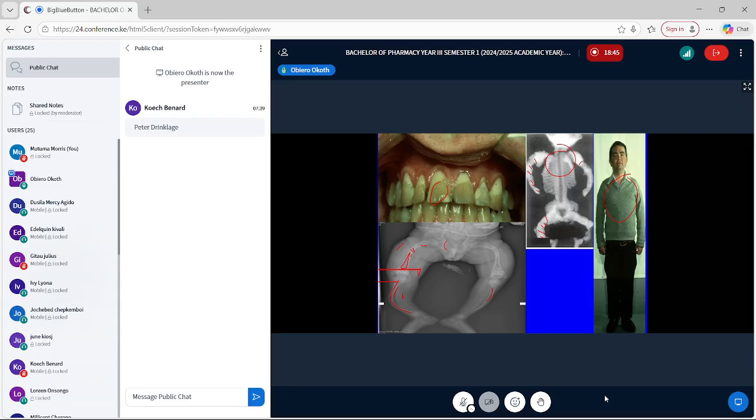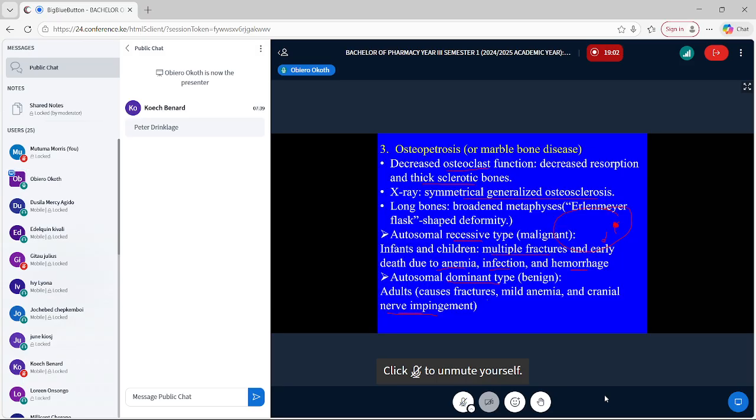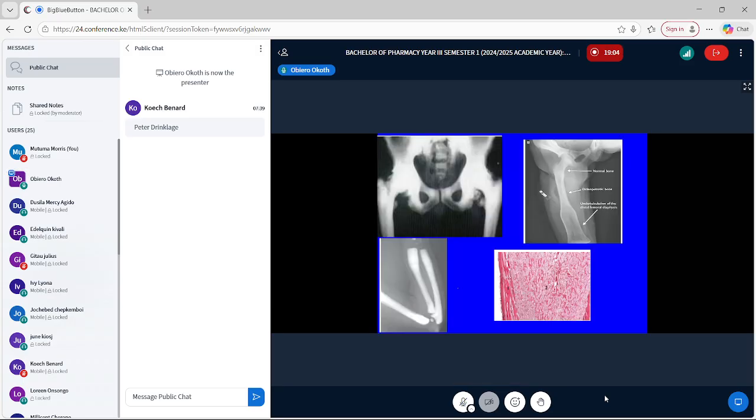But here the bone is very thin, and you're even struggling to see it. This is osteogenesis imperfecta. The bone is weak. The bone is thin. Here, you're not even seeing the center of the bone.